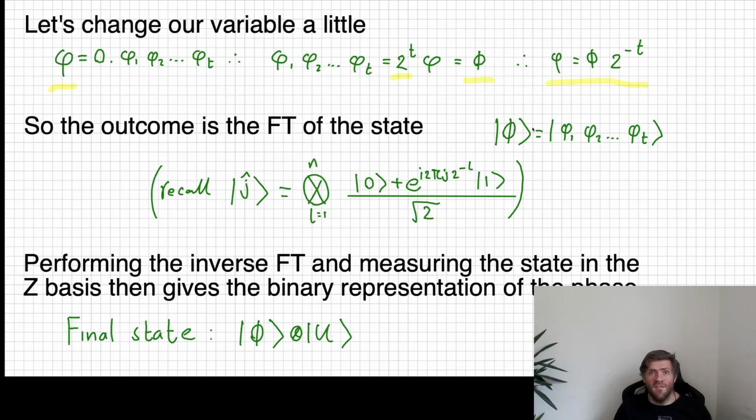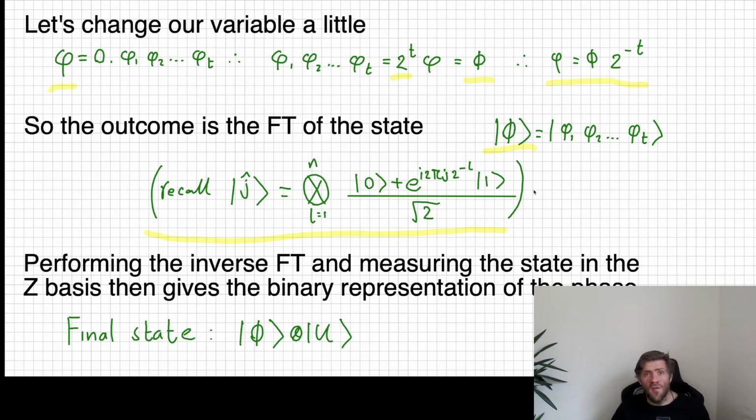And then it's fairly straightforward to see that the outcome that we get from doing all of these conditional rotations is exactly a Fourier transform, a Fourier transform of this integer Phi expressed in bits. So by doing all of these controlled rotations, we have gotten the Fourier transform of the answer that we want, which is what this phase is.